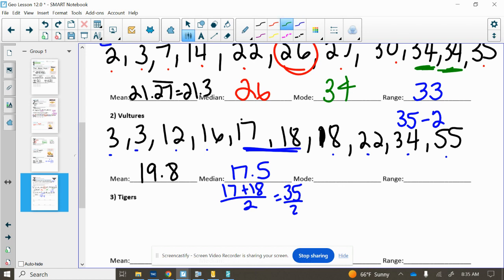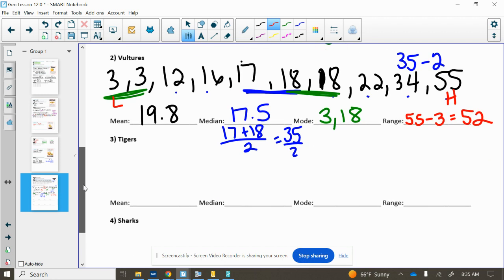The number for the mode that is used most often, we have 2 3s and 2 18s. Everything else is just used once, so 3 and 18. And then last but not least, highest score is 55, lowest score is 3. 55 minus 3 would give us a total range of 52.